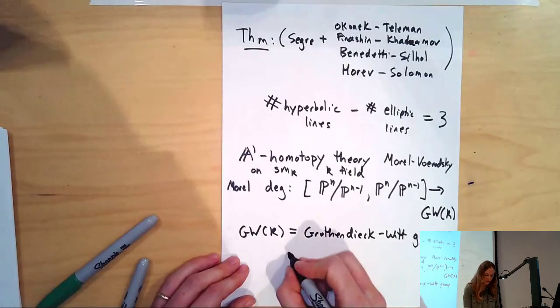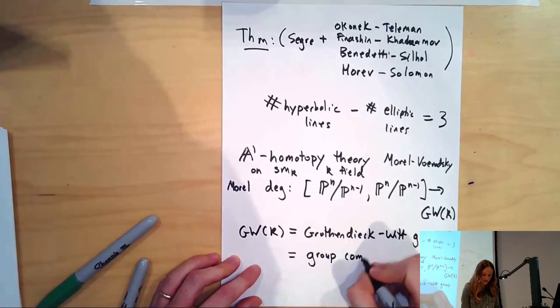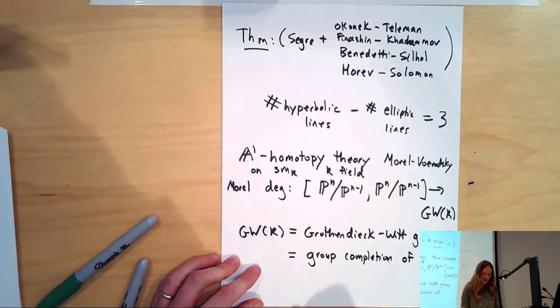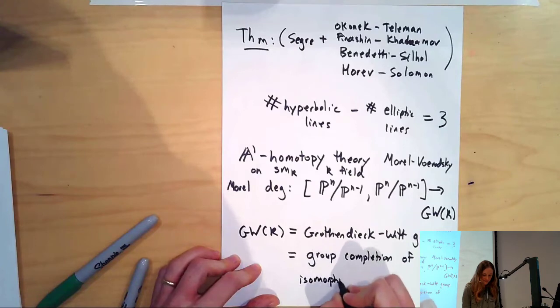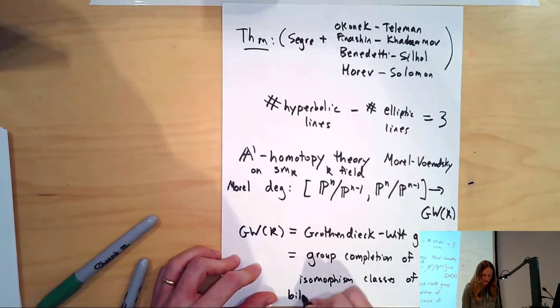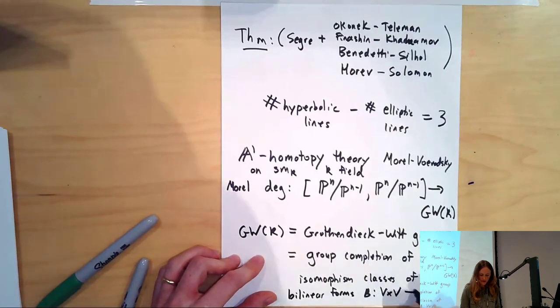So this is the group completion allowing for formal differences of isomorphism classes of bilinear forms β, V cross V to k, and this is a finite dimensional k vector space.